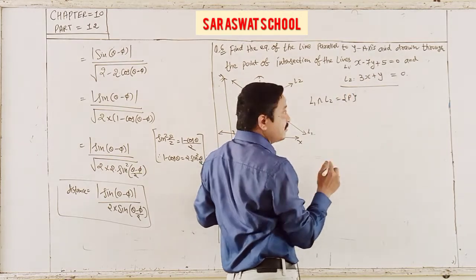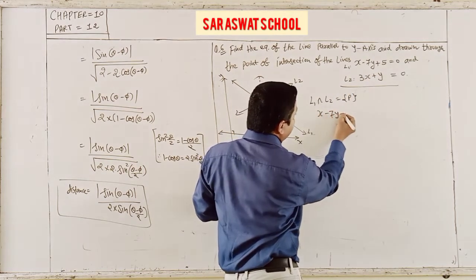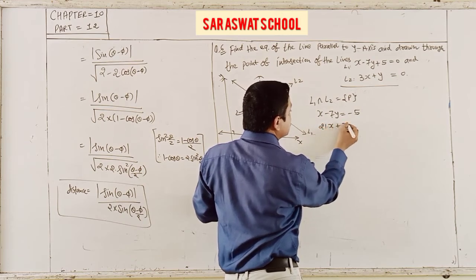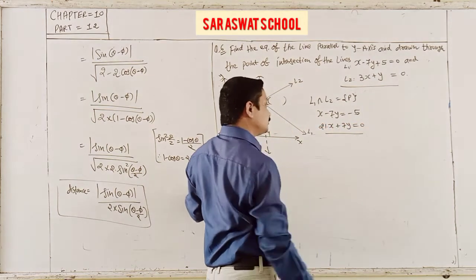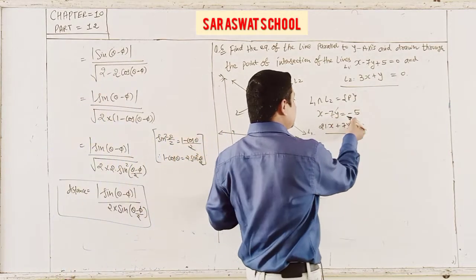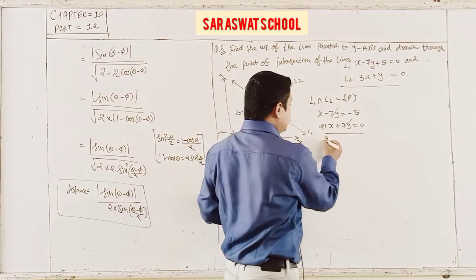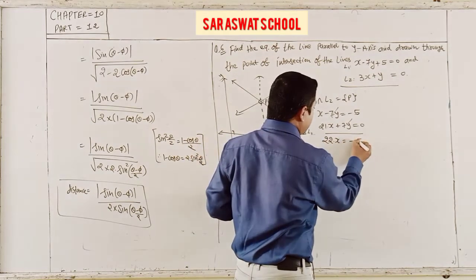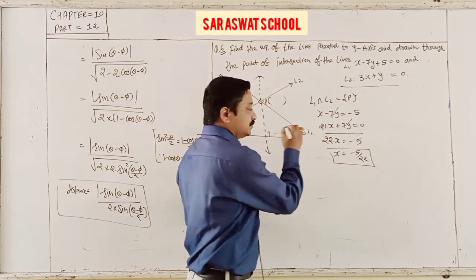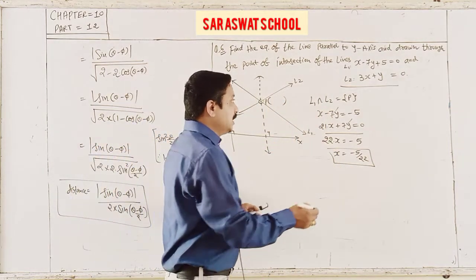Can I multiply here by 7? x minus 7y plus 5. 7 multiply 3 is 21, 7y and 0. I will take elimination. So 22x plus 5, x becomes minus 5 by 22. X done. Y also done, students.